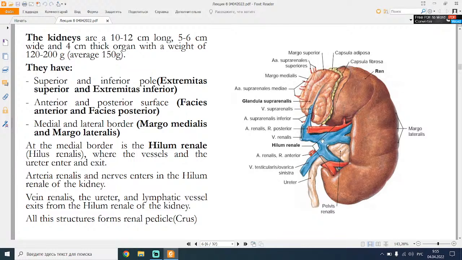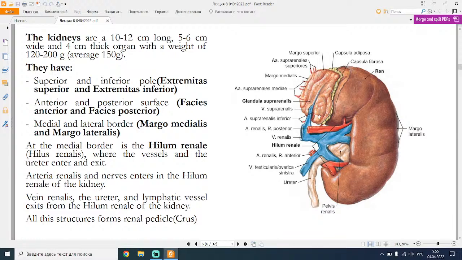Then the vena renalis, the ureter and lymphatic vessels exit from the hilum renale of the kidney.